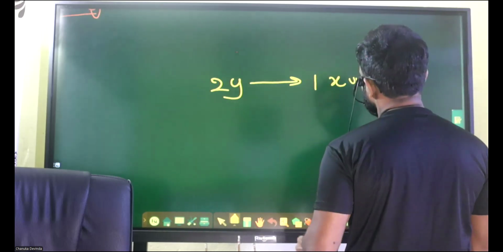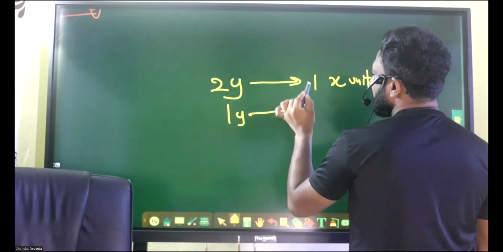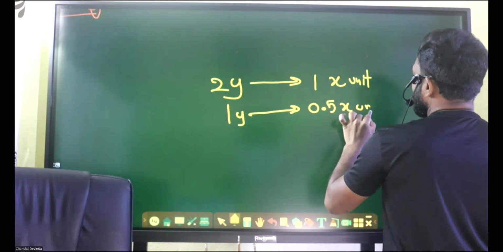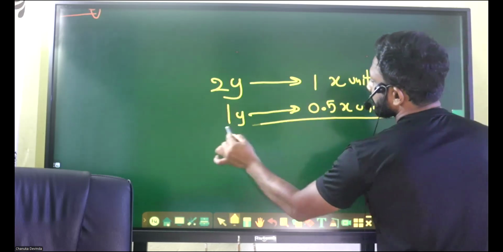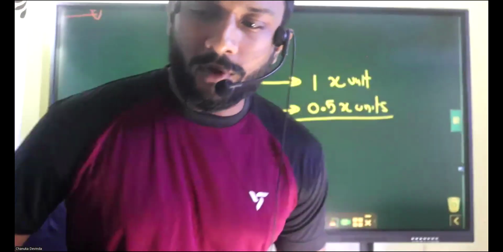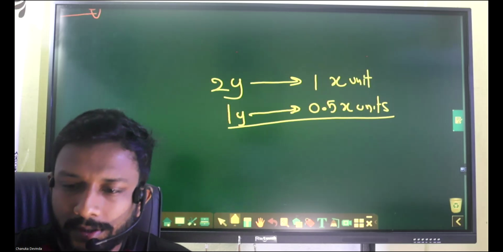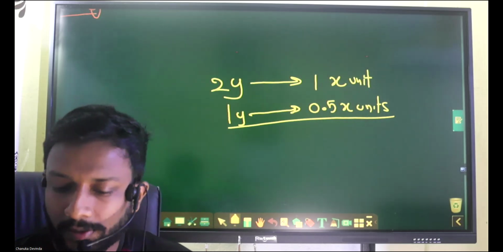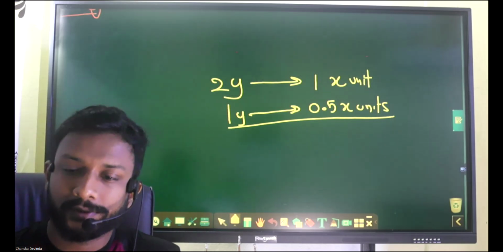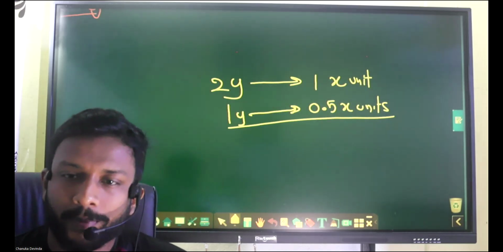So for 1 Y production, it should be equal to 0.5 X units. That's the answer for every 1 Y unit. It is 0.5 X units. That's the answer, right? So next one, increasing opportunity cost.